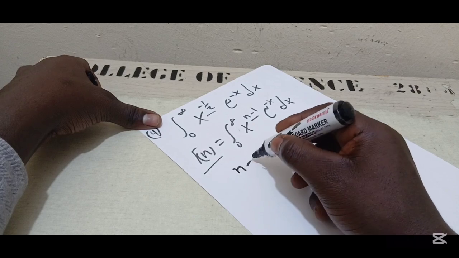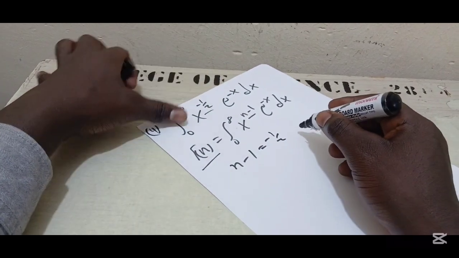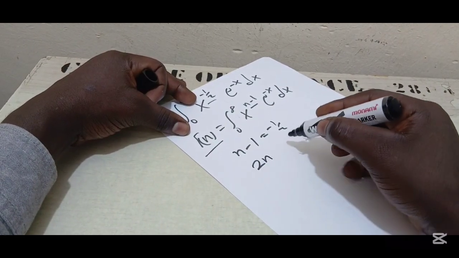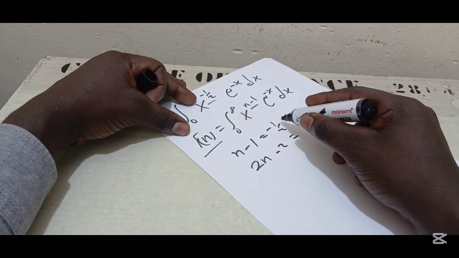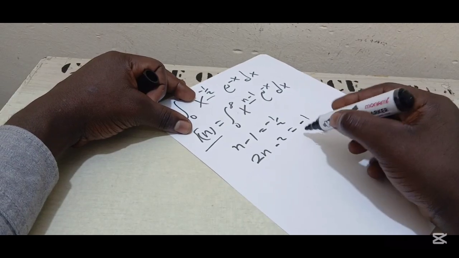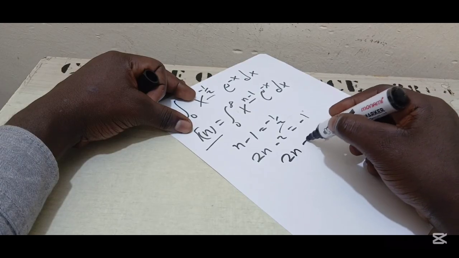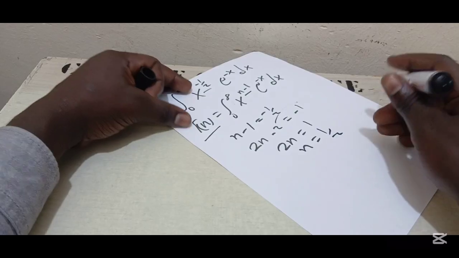So n minus 1 right here should be equal to minus half, right? And this will give us, multiplying by 2, 2n minus 2 equals minus 1. So this one crossing becomes positive, we get 2n equals 1. So n equals half, right?